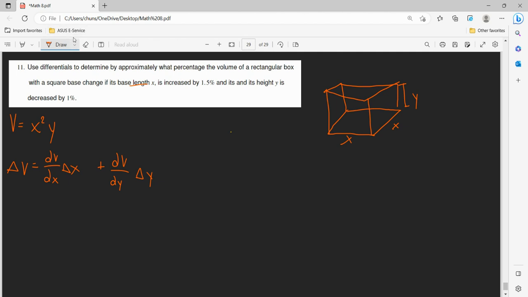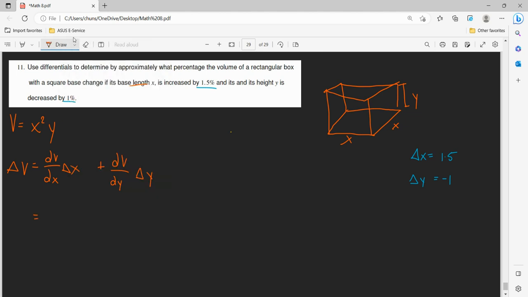In this case, this question is very kind to us because it gives us our delta values. So our delta x is equal to 1.5%, because we're increasing by 1.5%. And in our y, we are decreasing, so because it's decreasing, we're going to put a negative, and that's negative 1%.